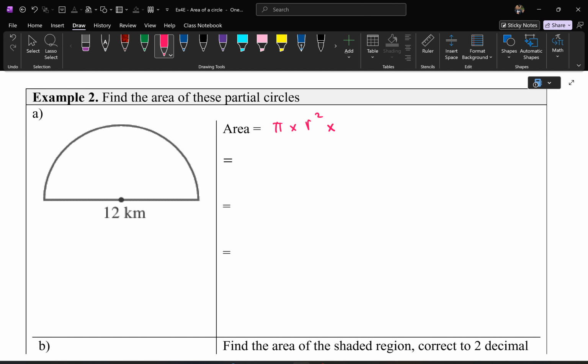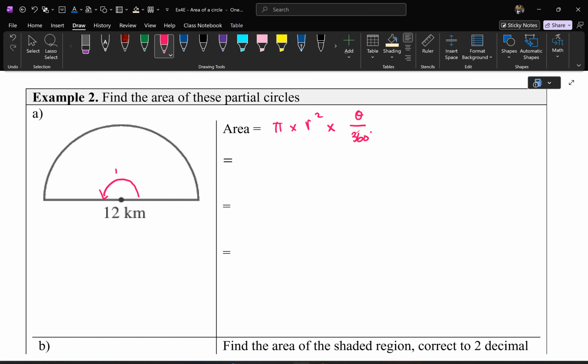Good. Very good. Don't forget this next bit. So if you have a partial circle, this is where the theta is important. So in half a circle, what's the angle in half a circle again? Half a circle, because with full circles, 360 degrees. So if you have half a circle, it should be 180.